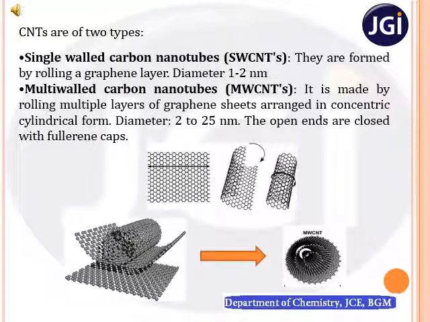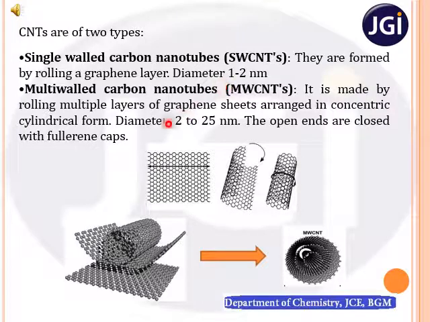Generally, carbon nanotubes are of two types: single-walled carbon nanotubes, SWCNTs, and multi-walled carbon nanotubes, MWCNTs. Single-walled carbon nanotubes are formed by rolling a single graphene layer whose diameter is around 1 to 2 nanometers.